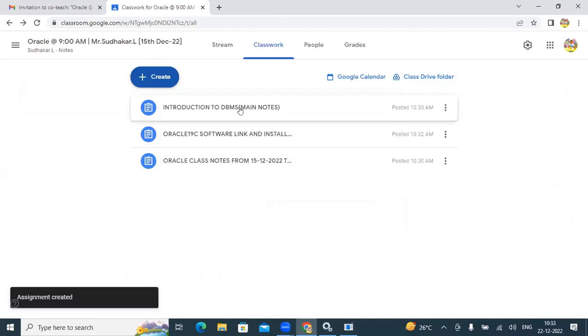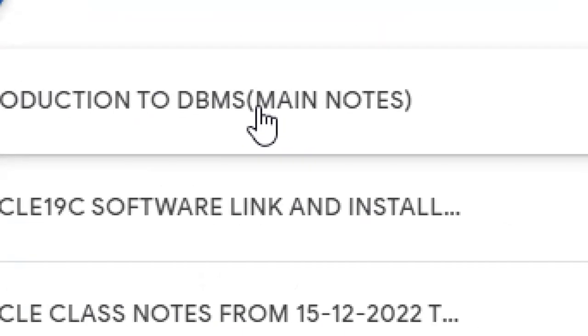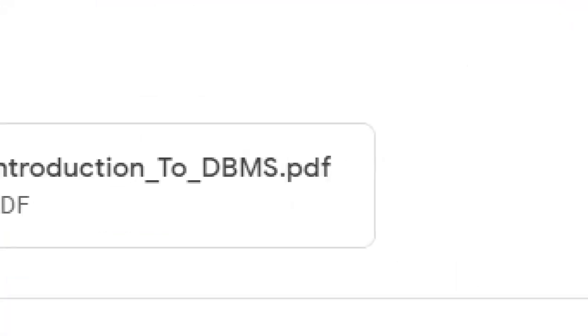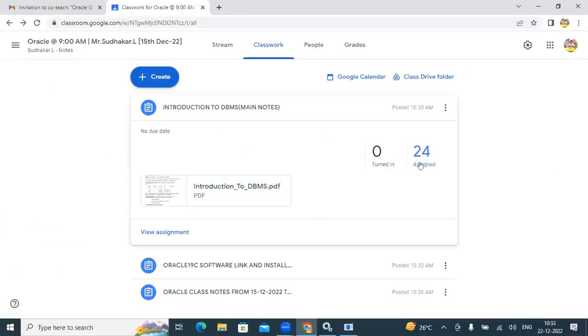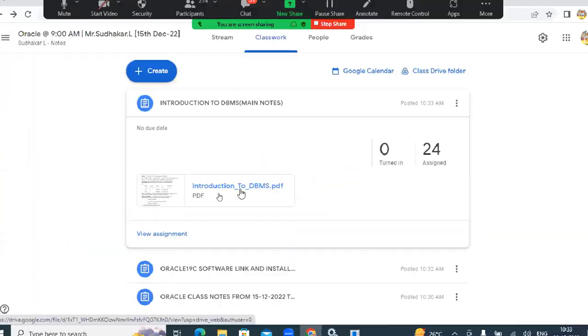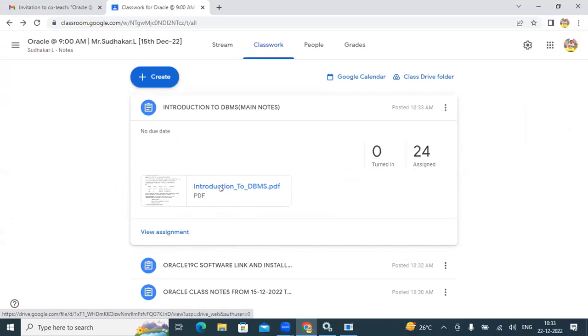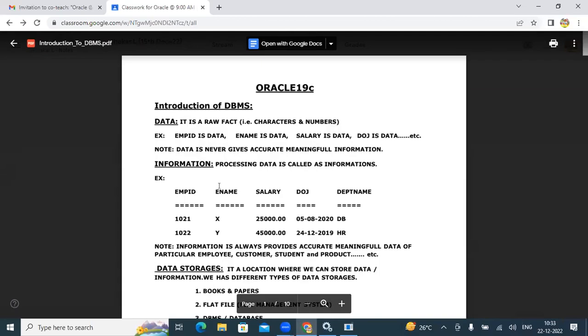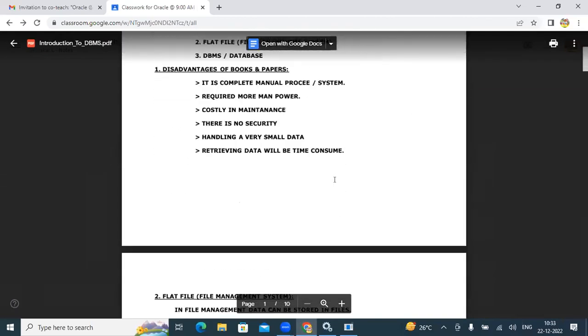Because the DBMS part is completed, the main notes are in PDF format, as I already said to you. Open this PDF, and this is your main material.